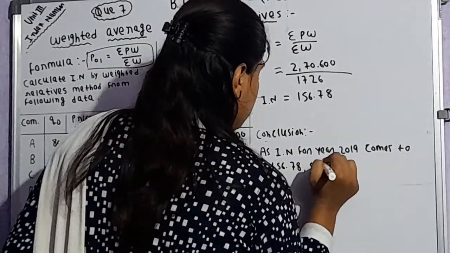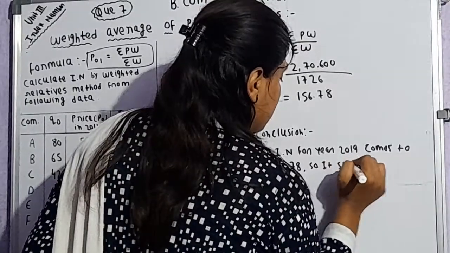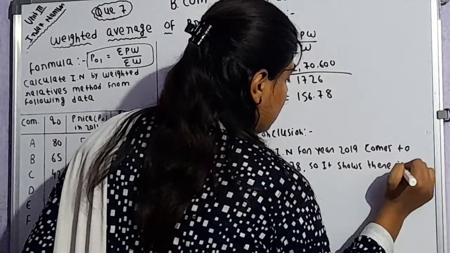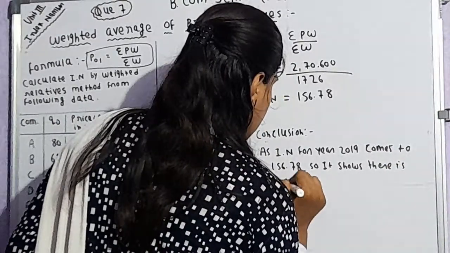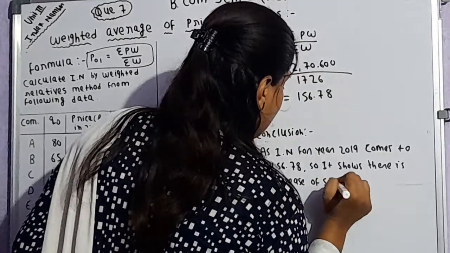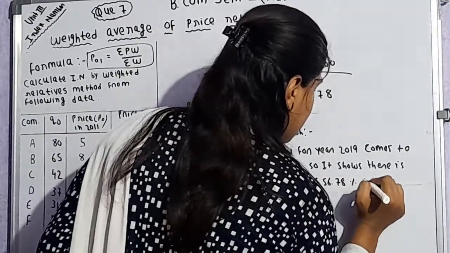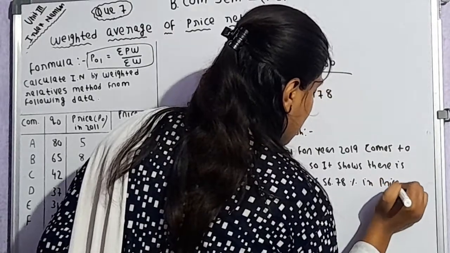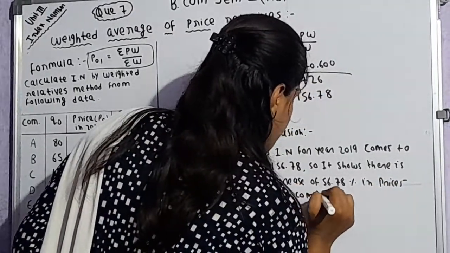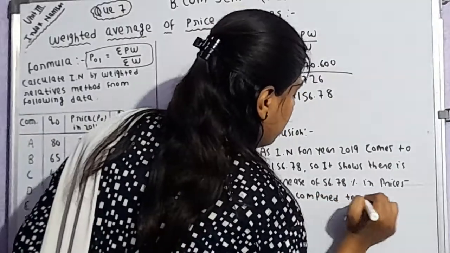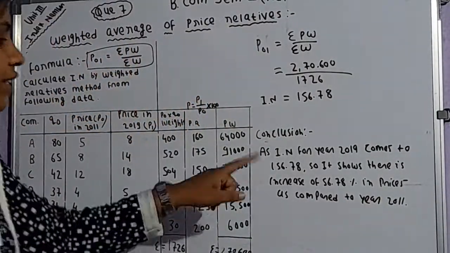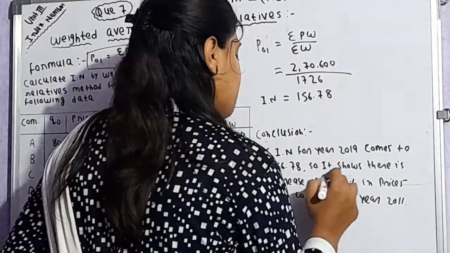So it shows there is an increase of 56.78% in prices as compared to year 2011. How have we calculated this 56.78%?